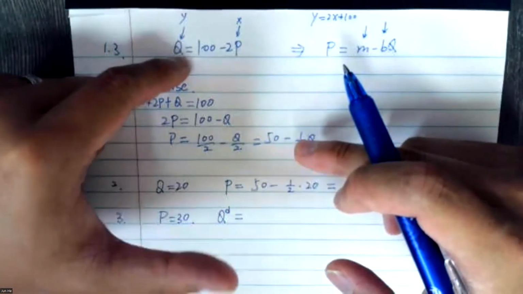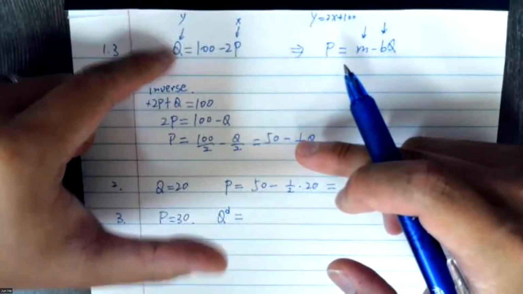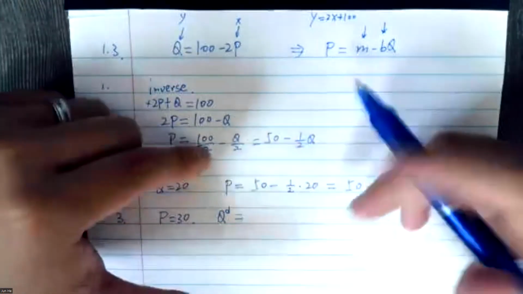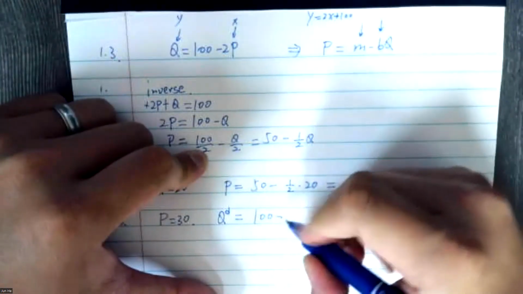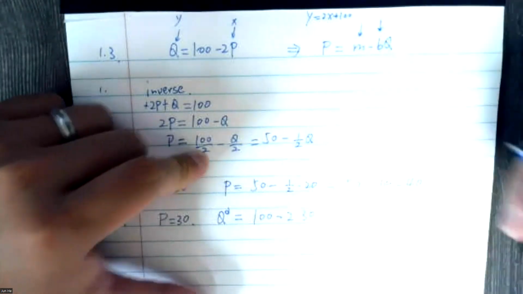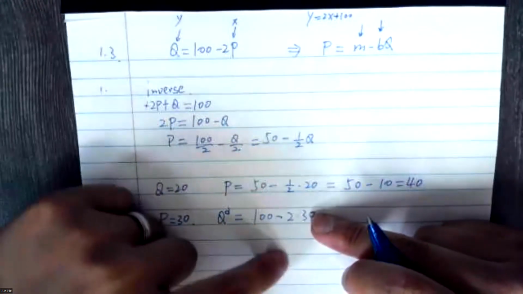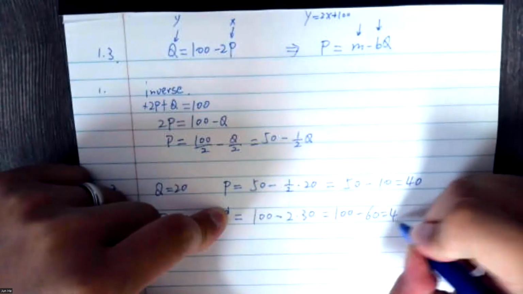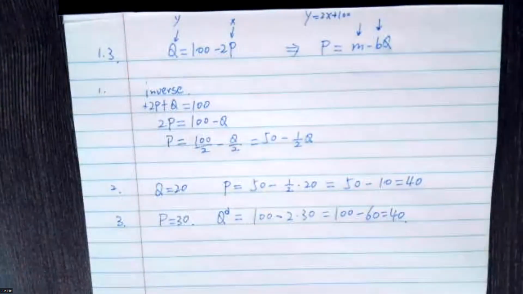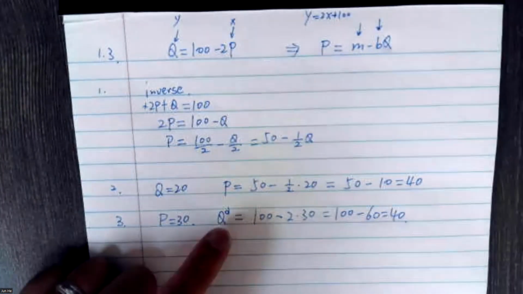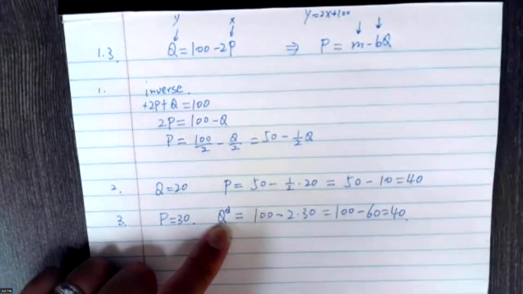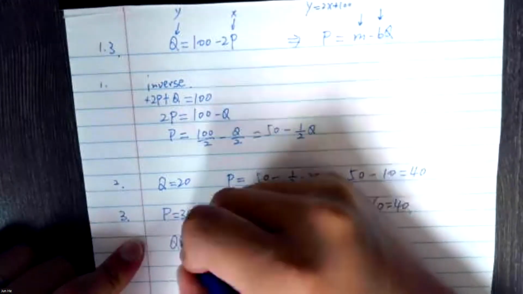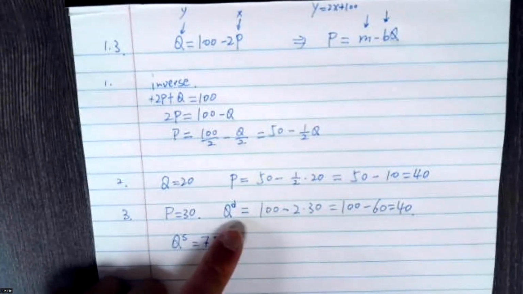Now, if you're using the normal form, then the corresponding quantity consumed is 100 minus 2 times 30, where P equals 30. You just plug this number in. So that is 100 minus 60, which is 40. Okay, so this is what consumers consume, right? But the firm actually produces 75.